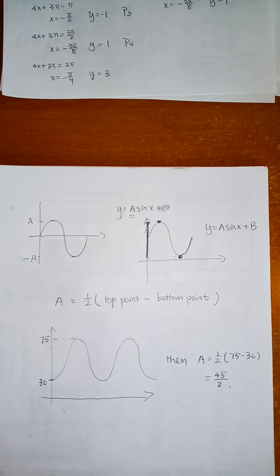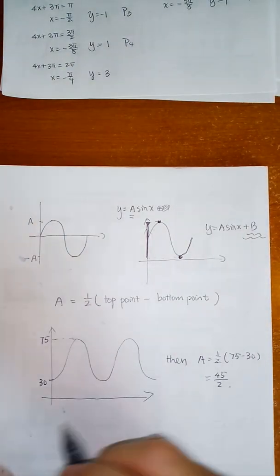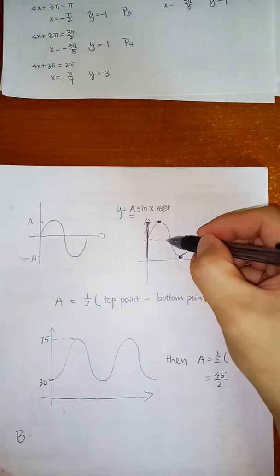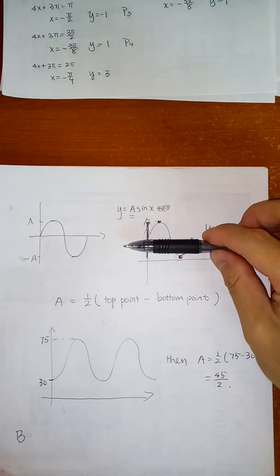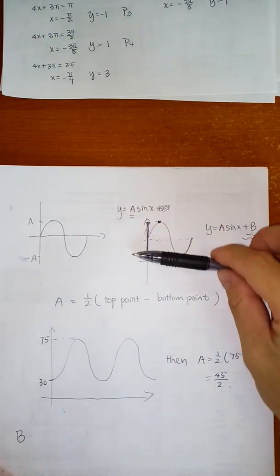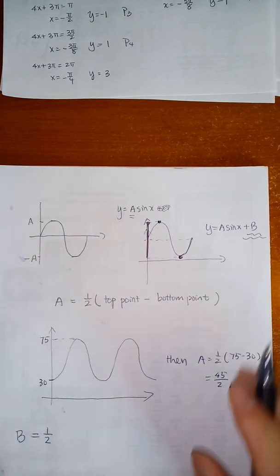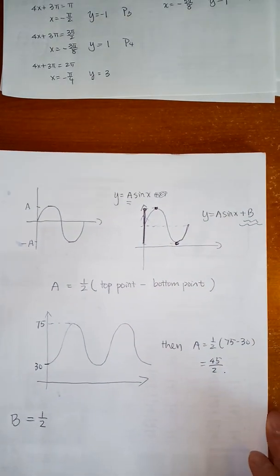Okay, so that's the top and the bottom. And what is this B? You see, B is the middle point. It's exactly between those two, top and bottom. Then B is the average or the midpoint of the top and bottom.